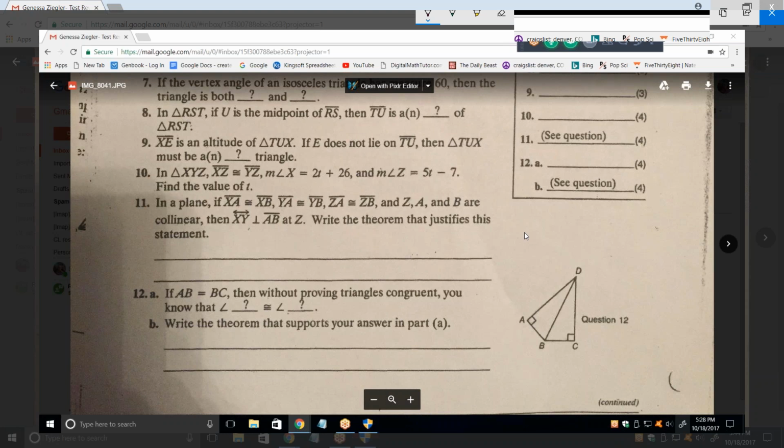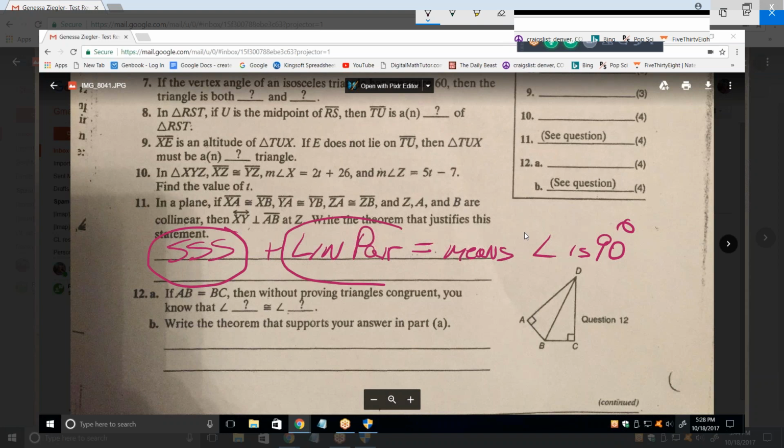So maybe it's SSS plus linear pair being equal means both are 90 degrees. So I'm not sure exactly what they're looking for, but you can certainly prove the two triangles are congruent based on side, side, side, and those two corresponding angles also are a linear pair. Therefore, they're each 90 degrees if they are equal.